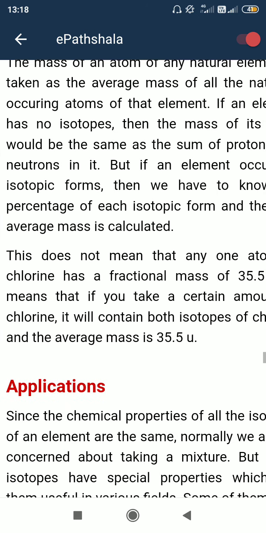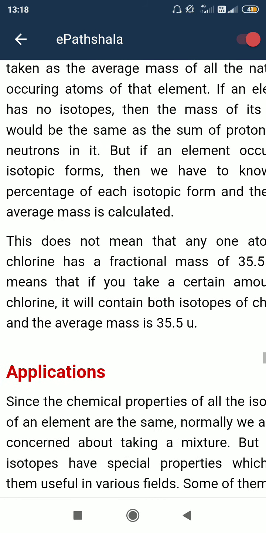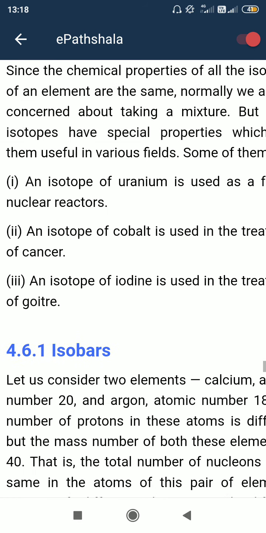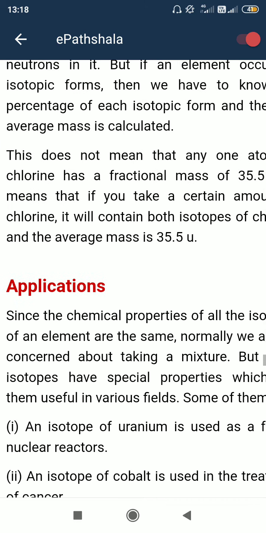Okay, next one. Here u is the unit, atomic mass unit. So applications: it has been seen that some isotopes are radioactive in nature.